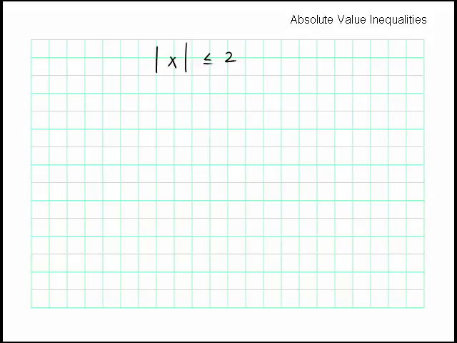Absolute value x less than or equal to 2. Okay, according to the pattern, x is between -2 and +2.